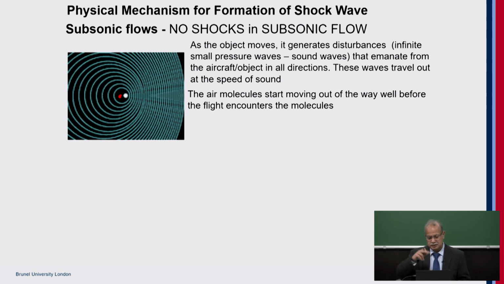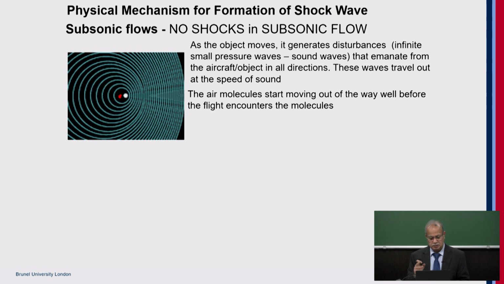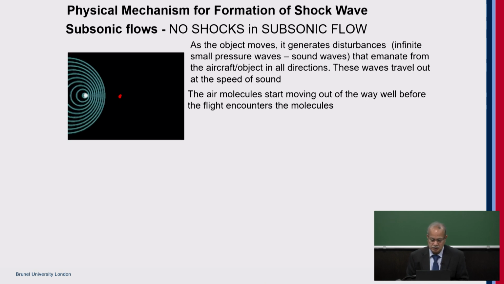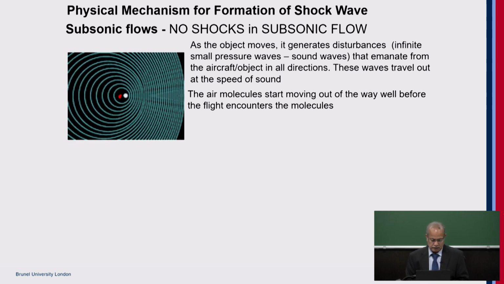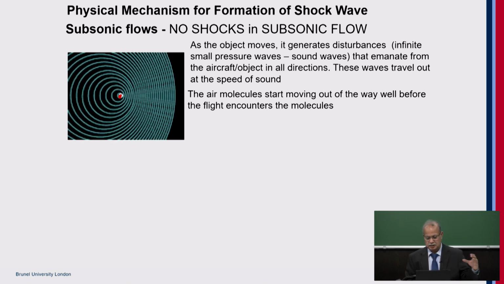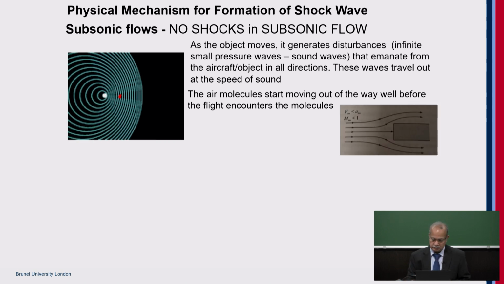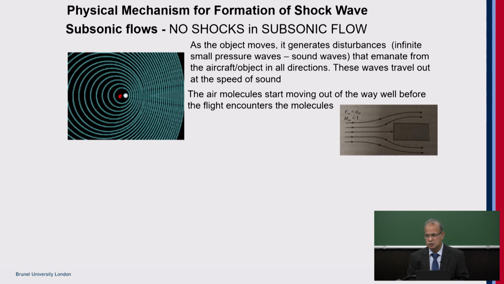This is like small pressure waves, an infinitesimal disturbance. So signals are communicated at the speed of sound. Everything knows that something is coming, and the molecules arrange themselves and give way, and then the object moves. So this is how it is.